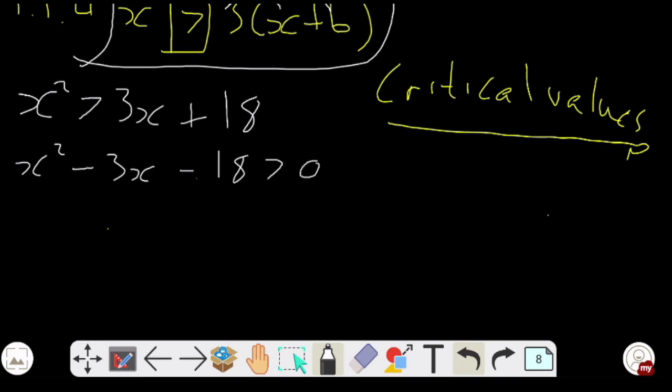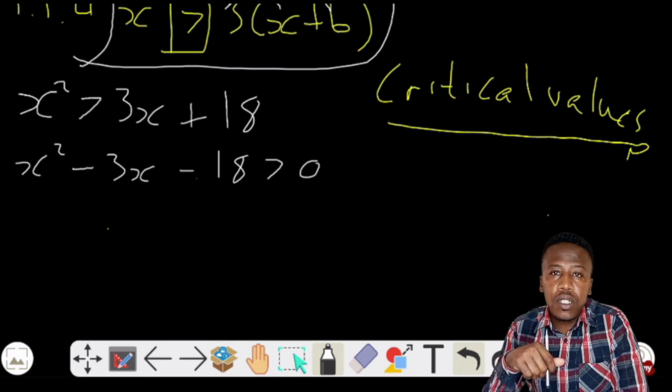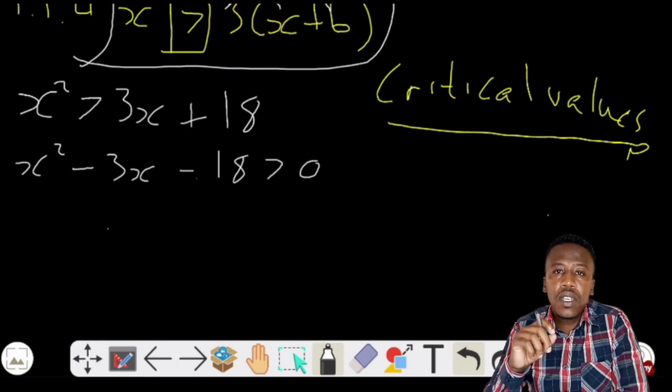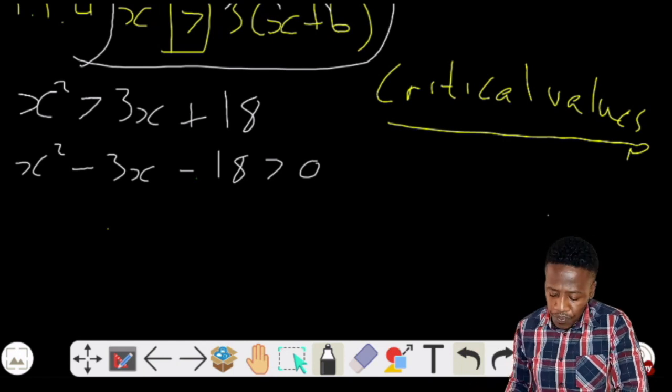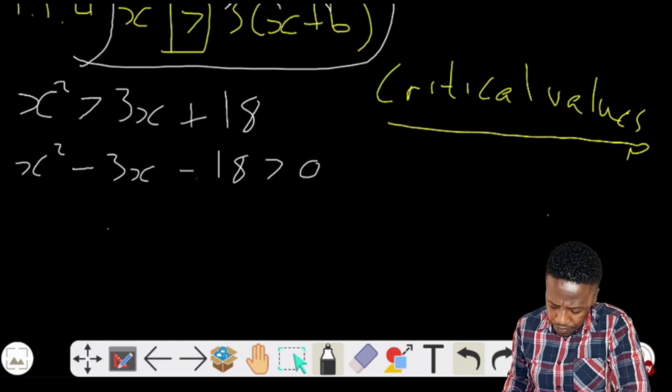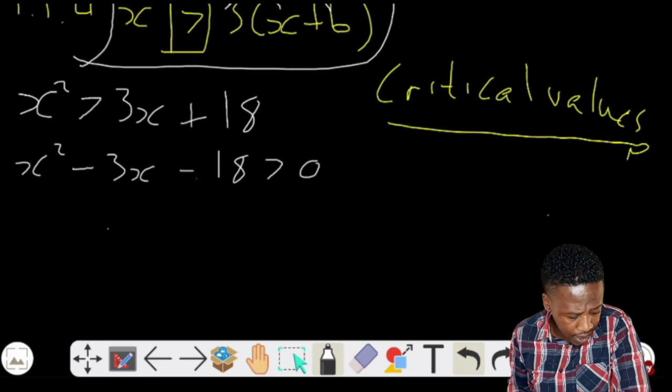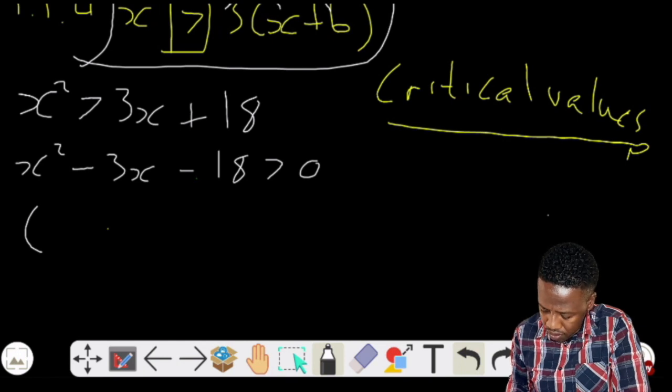Now from this point, what we need to determine is the critical values, meaning which values apply here for our statement to be true, right? Now dealing with that, let's get our critical values.